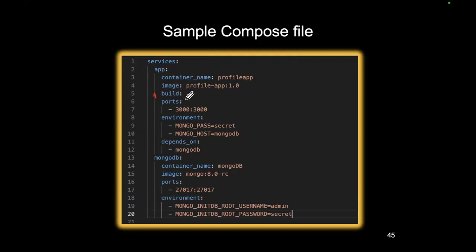In other words, it will find the Dockerfile, execute the instructions in the Dockerfile, and create an image called this. So the first time I run this Docker Compose file, supposing the image isn't there at all, it's going to build it. The second time I run this Docker Compose file, it'll find the image, so it won't need to build it.